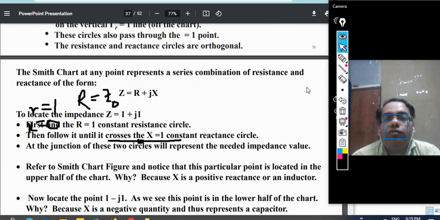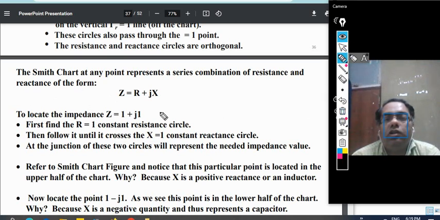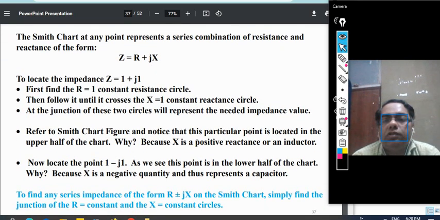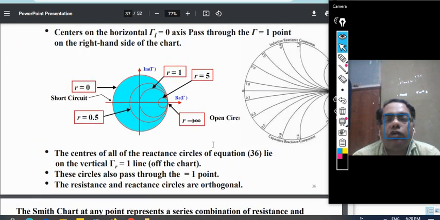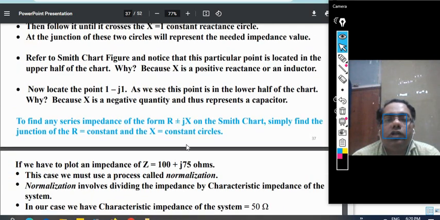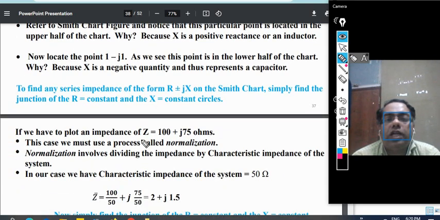Now if we have to plot the values, let us see how we plot. Suppose we want to plot R plus jX. Let us take an example of how to plot. Suppose we want to plot the impedance Z equals 100 plus j75 ohm. First we have to do normalization.